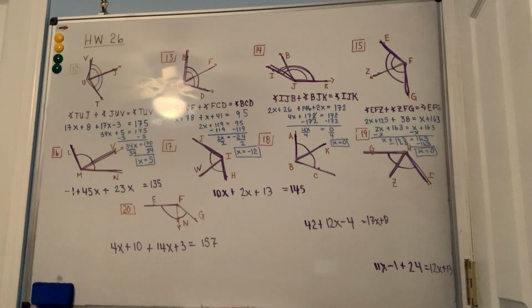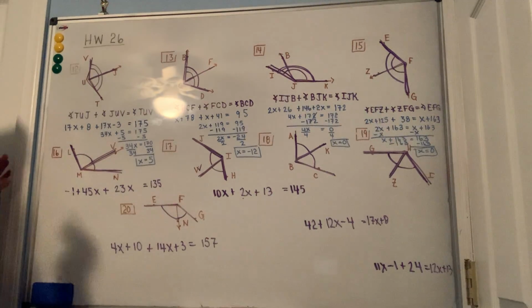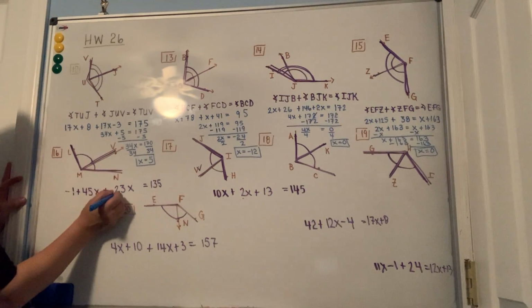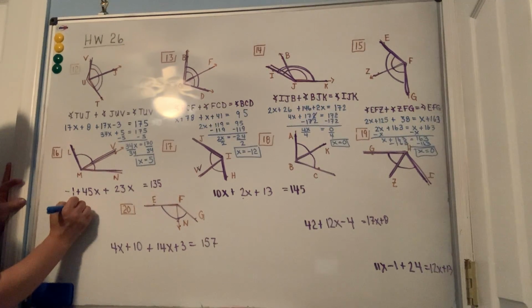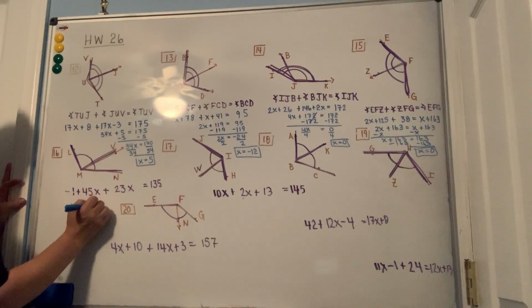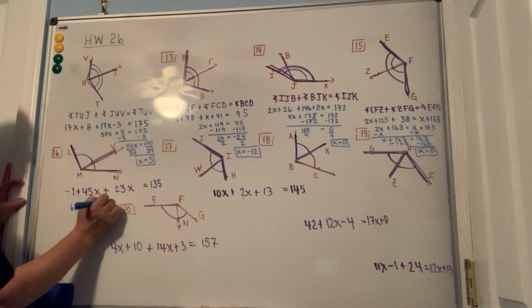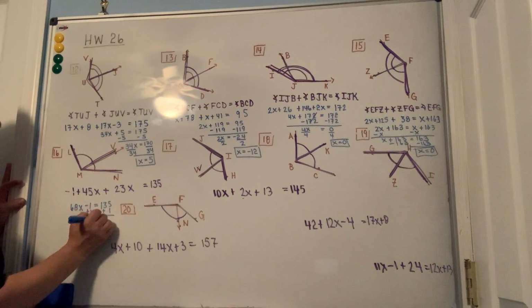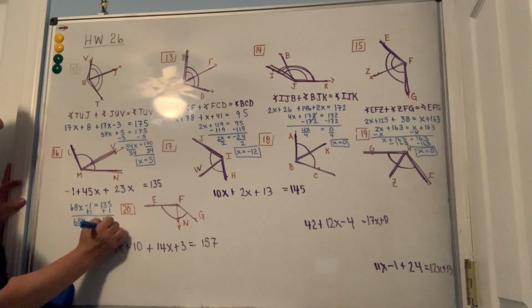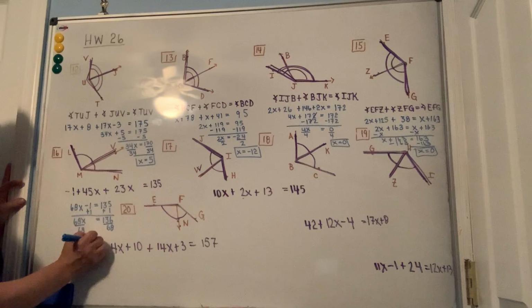So I will grab a different colored marker because there's so much writing on the board. And for number 16, 45x and 23x, when you add them, you get 68x. There is a minus 1 and it's equal to 135. When you add 1 to both sides, you will get 136. But if you divide both sides by 68, it actually goes in evenly. Your answer for x is 2.